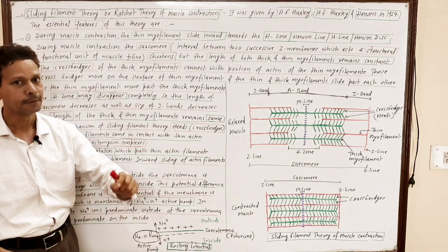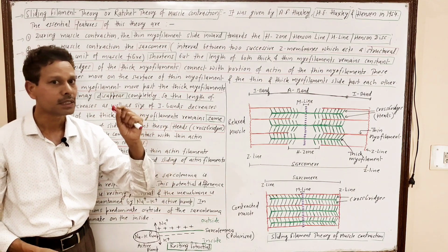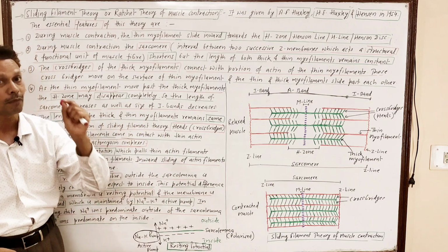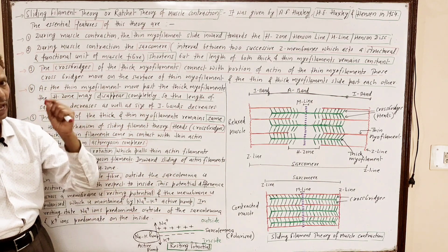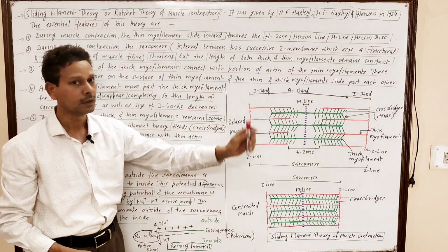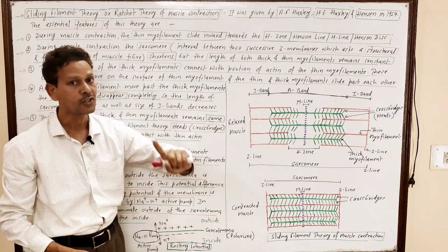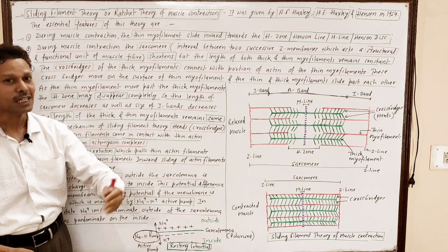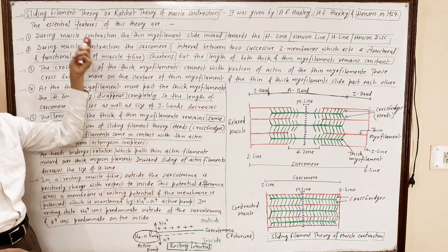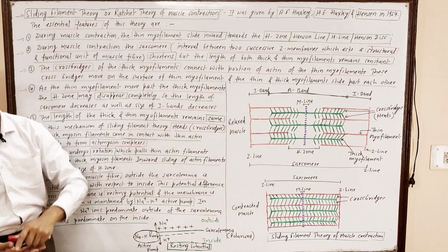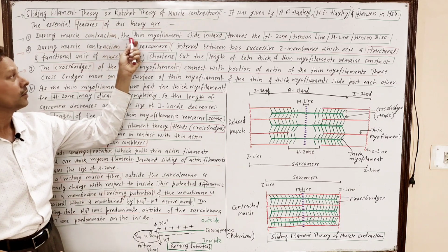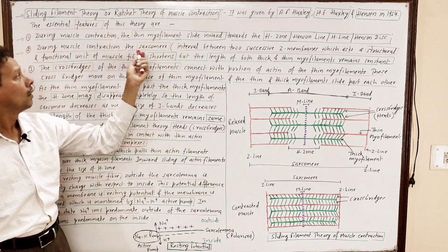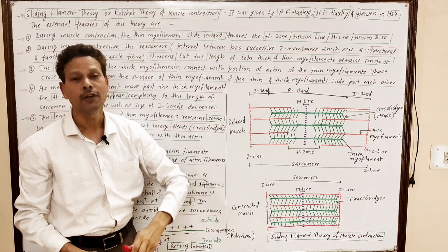Dear students, today's topic is the sliding filament theory of muscle contraction, given by Huxley and Hansen in 1954. Its features: the first point is that during muscle contraction, thin myofilaments slide inward.